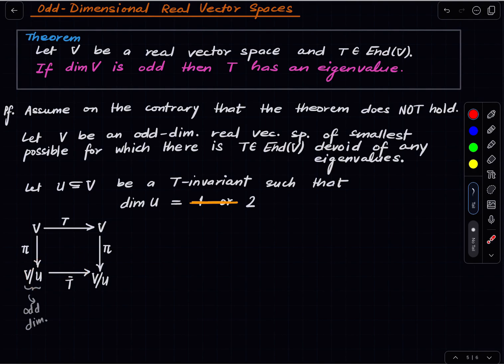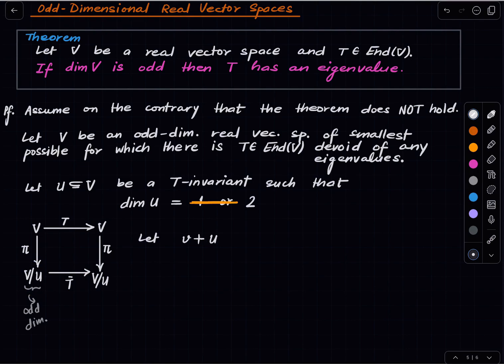So it must have an eigenvalue by the minimality of the choice of the dimension of V. If T bar did not have an eigenvalue, this would be a real vector space of odd dimension, but of smaller dimension than that of V, which furnishes a counterexample to the proposition. But V was already a minimal counterexample to the proposition in the sense of dimension, and hence T bar must have an eigenvalue.